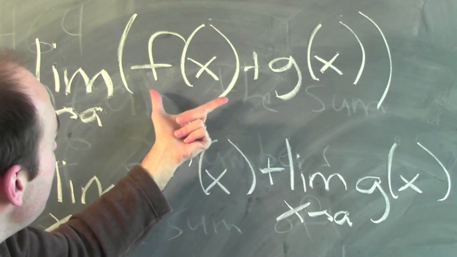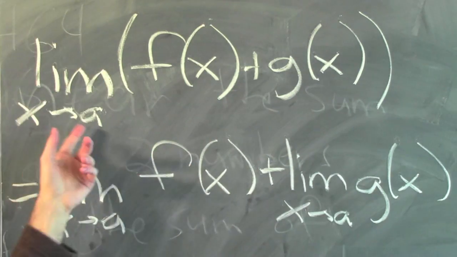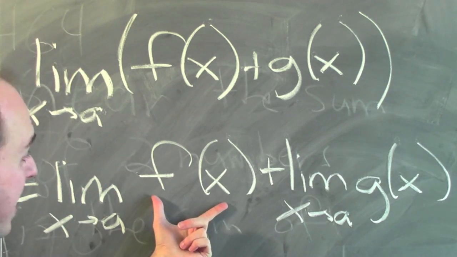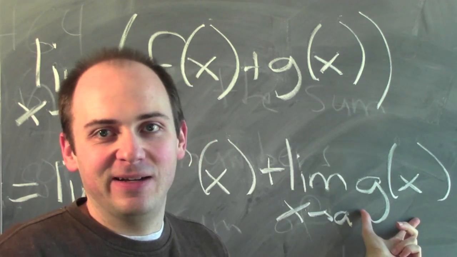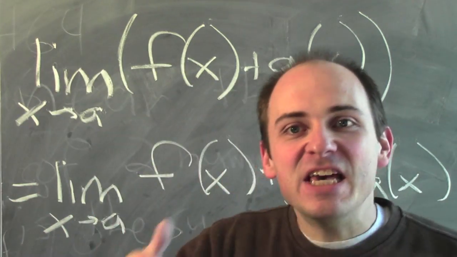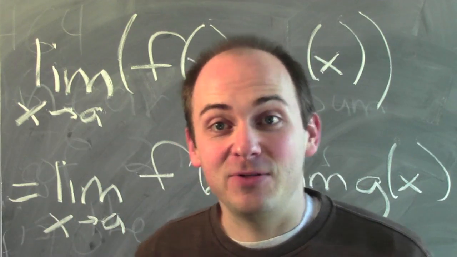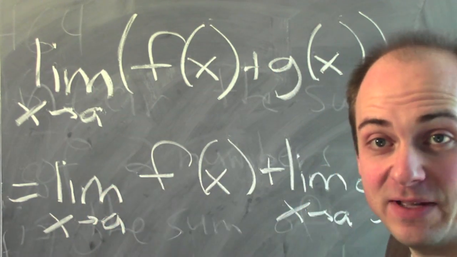This is saying: what can I make f of x plus g of x close to if I'm willing to make x sufficiently close to a? Well, it's going to be close to whatever I can make f of x close to, added to whatever I can make g of x close to. It's the same kind of setup. Near the sum of two values is the sum of the nearby values. So the limit of a sum is the sum of the limits.